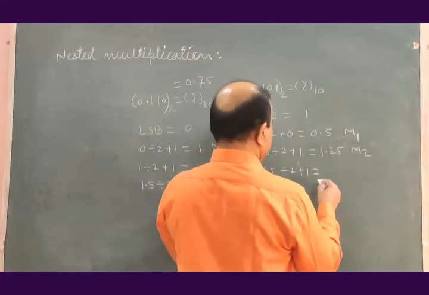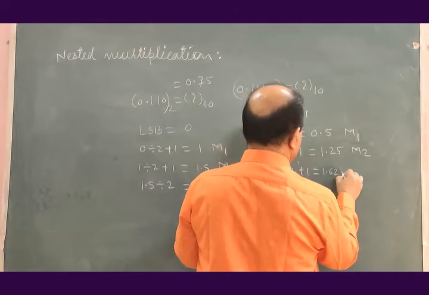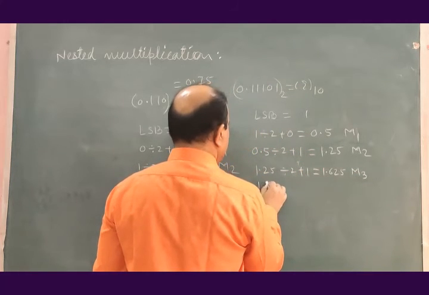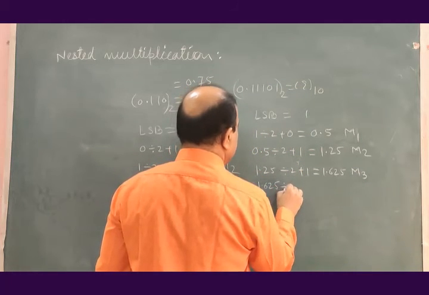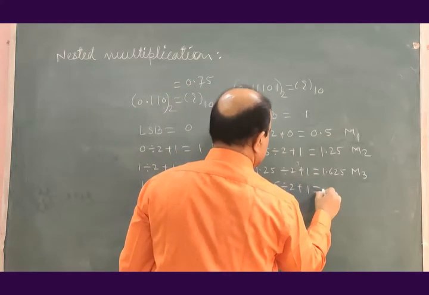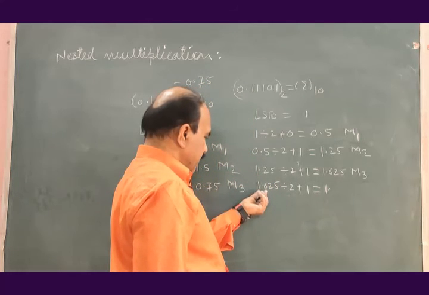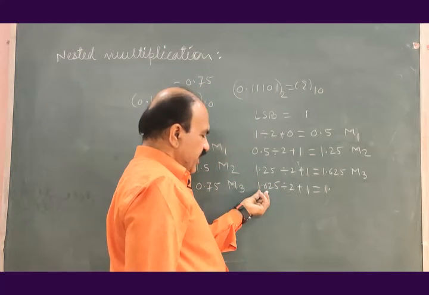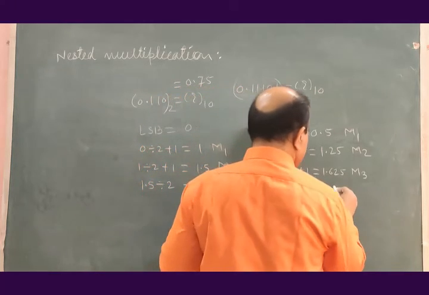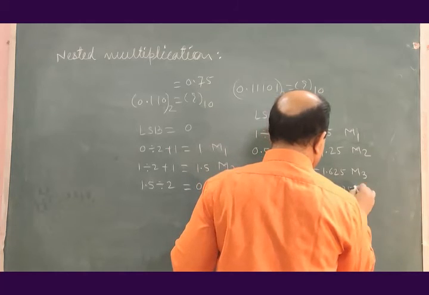and this is 1.625, M3. 1.625 divided by 2 plus the last bit, and this is 1.8125.